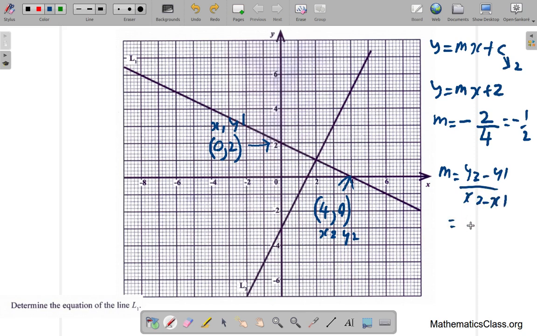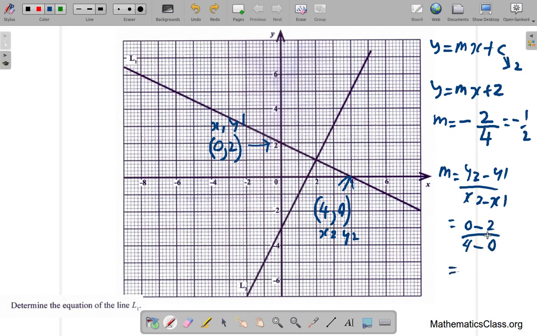You could also do y1 minus y2 over x1 minus x2, as long as you start both with 1 or start both with 2. So y2 is 0 minus y1, which is 2, over x2, which is 4, minus x1, which is 0.